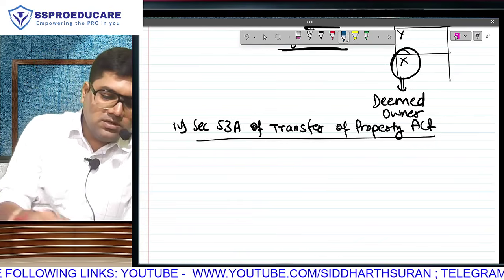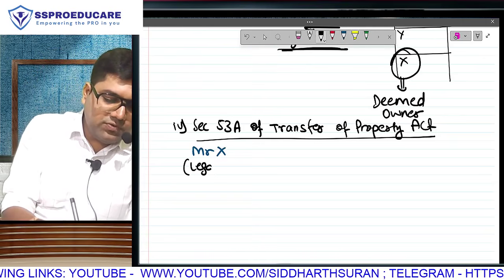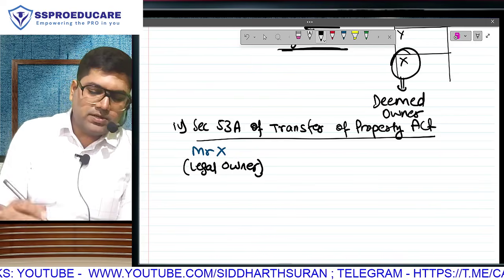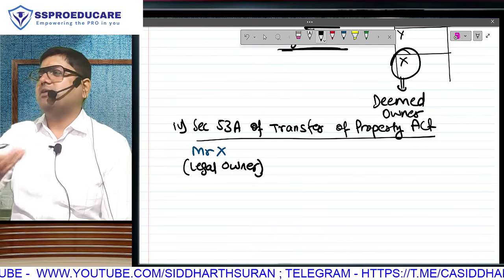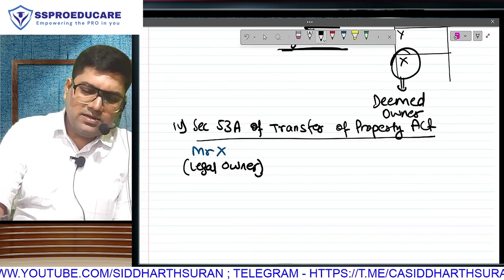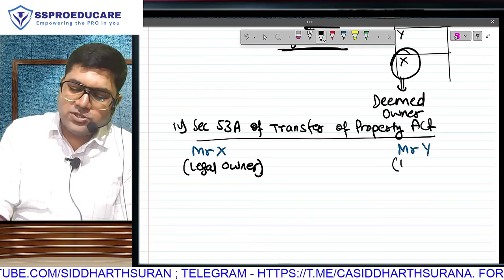There is a person, Mr. X, who is the legal owner of a property, but he wants to sell his property. There is a process, of course: I'll tell the brokers, the broker will bring some clients, we will have meetings, we'll discuss, negotiate. Finally, it is decided that Mr. Y is going to be my prospective buyer.